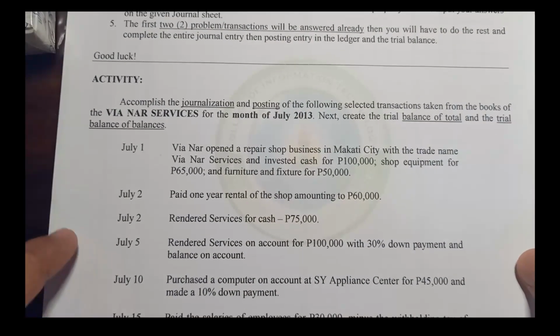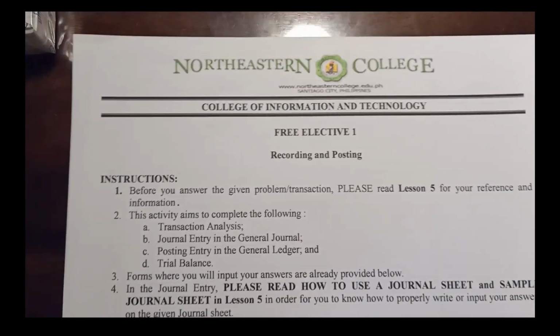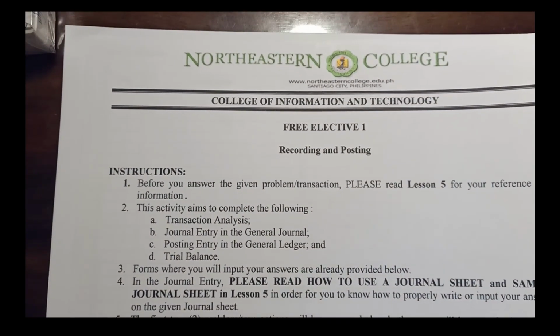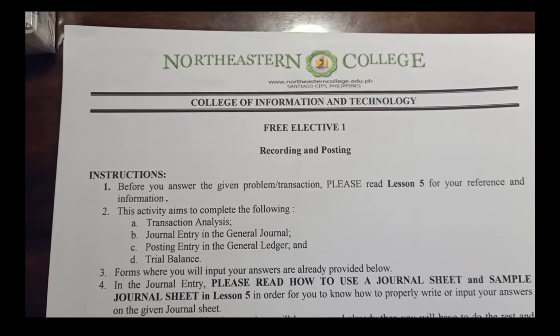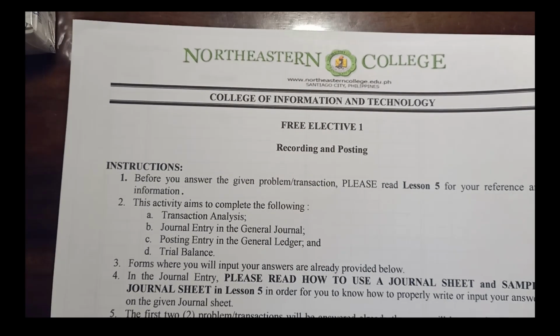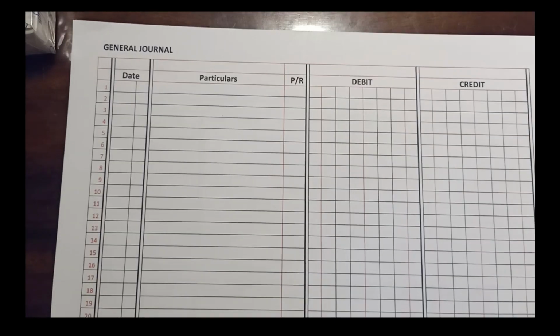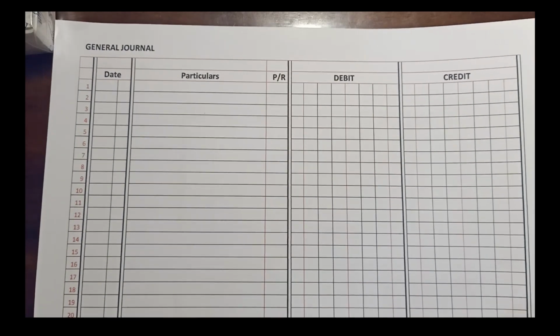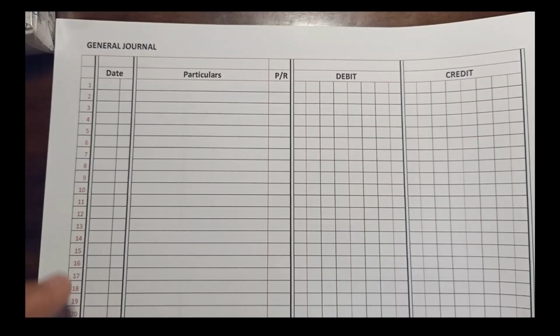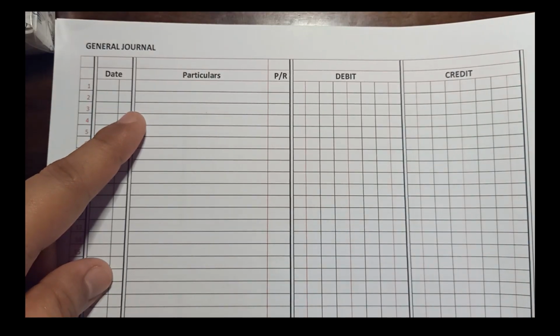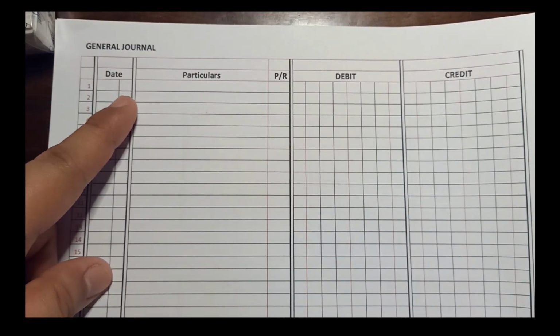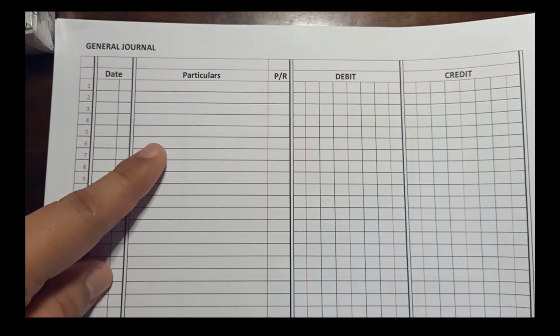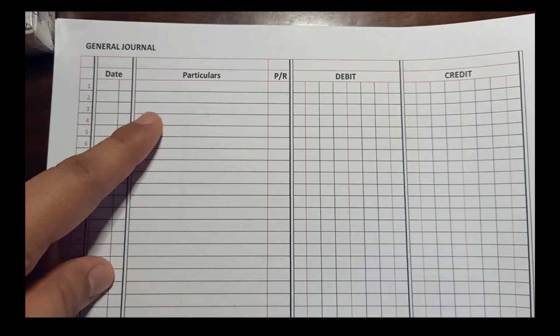before we start, okay, I would like to show you the different forms na gagamitin po natin in the journal entry, posting entry, and trial balance. Okay? So, first, we have the journal sheet po. Okay? Ayan. Dito po natin ilalagay while having the transaction analysis, dito po natin ilalagay ang ating entries.